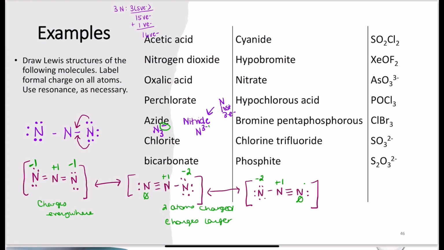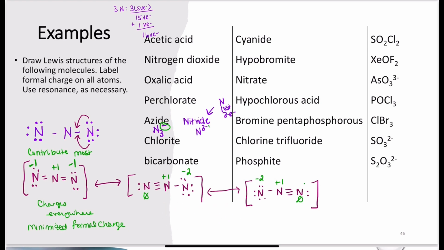Well, the biggest thing is we want to minimize formal charge. And by minimizing, I mean the smallest numbers possible. This one has minimized formal charge. None of the structures are perfect. But this one will contribute most because my charges are just +1 - 1.